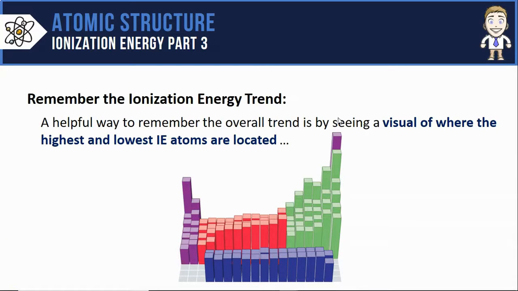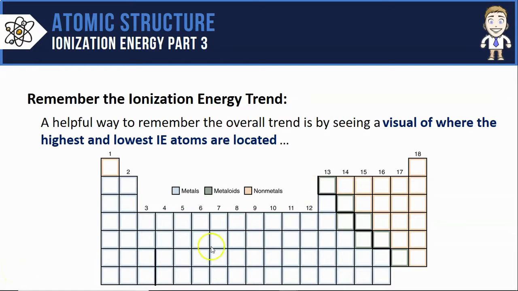Moving forward, you will probably be responsible for remembering the overall trend in first ionization energy. A nice bar graph visual like this can help your brain to remember that the atoms in this upper right-hand corner have the highest ionization energy values. Or if you're taking notes, draw a quick schematic of a blank periodic table.